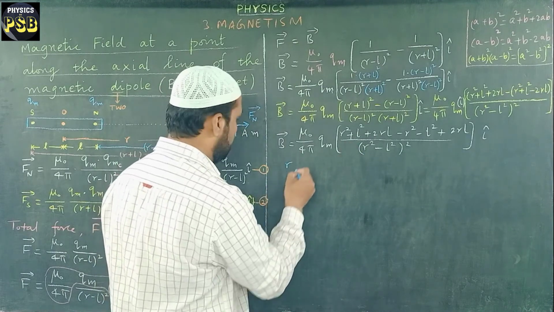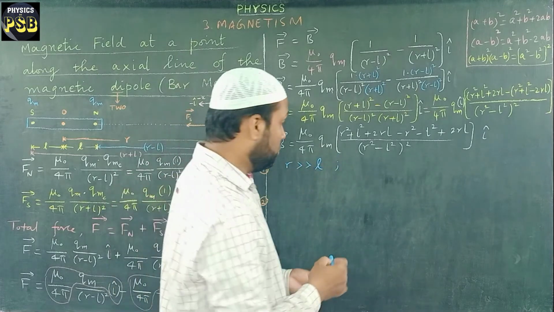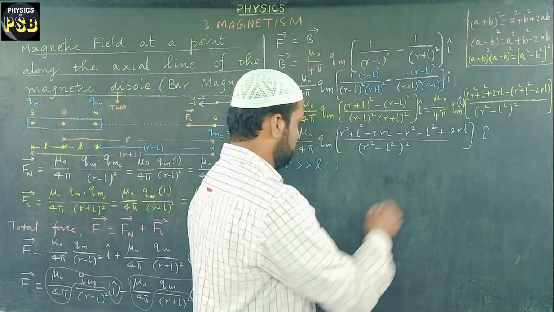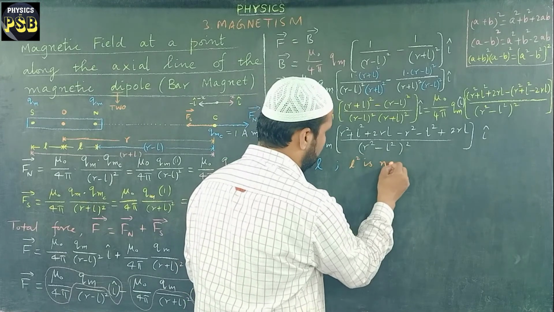So we can say r is very large compared to l. So l square is neglected.